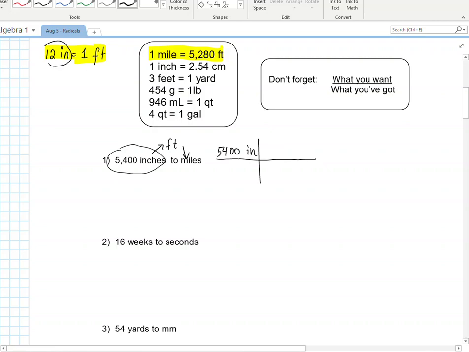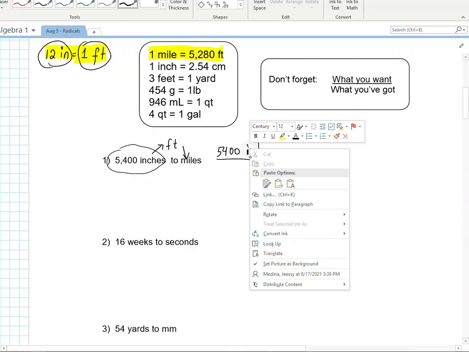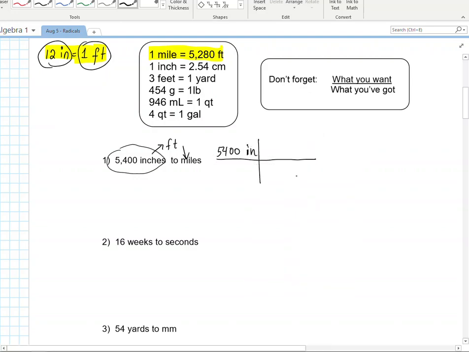Are we going to write 12 inches on top or the 1 foot on top? It's very simple. The unit that you're trying to get rid of is inches, so the part that has inches has to go on the bottom. So the 12 inches goes on the bottom, and the 1 foot goes on top. Cross out. Okay, now we have feet.